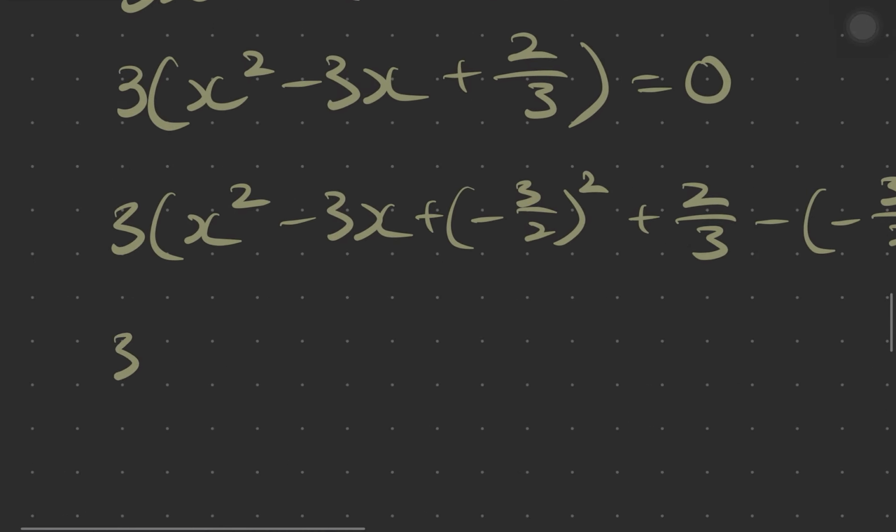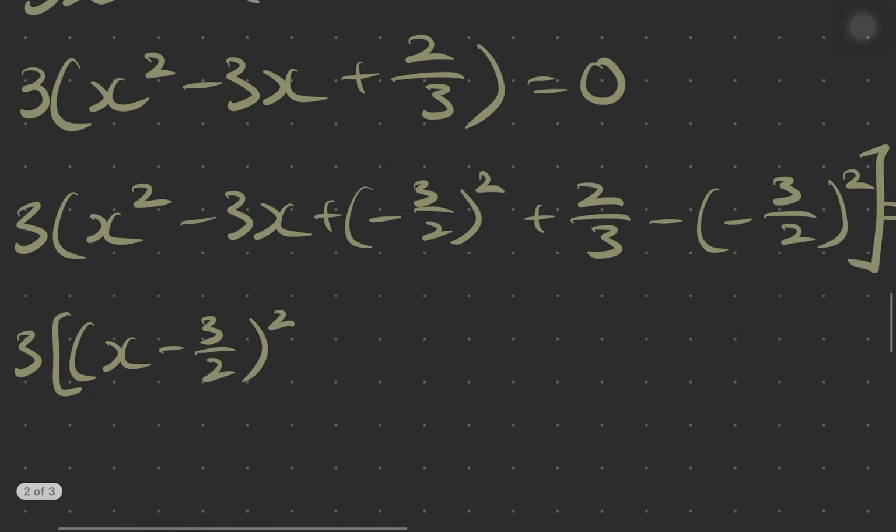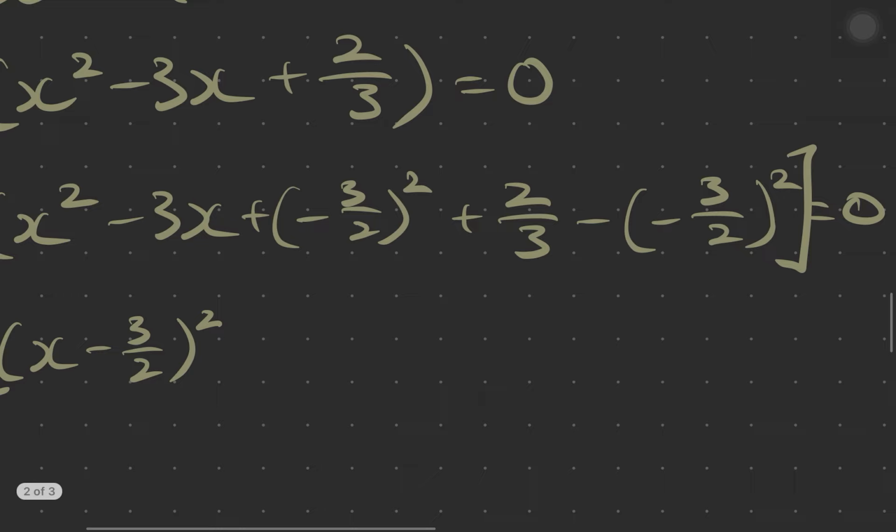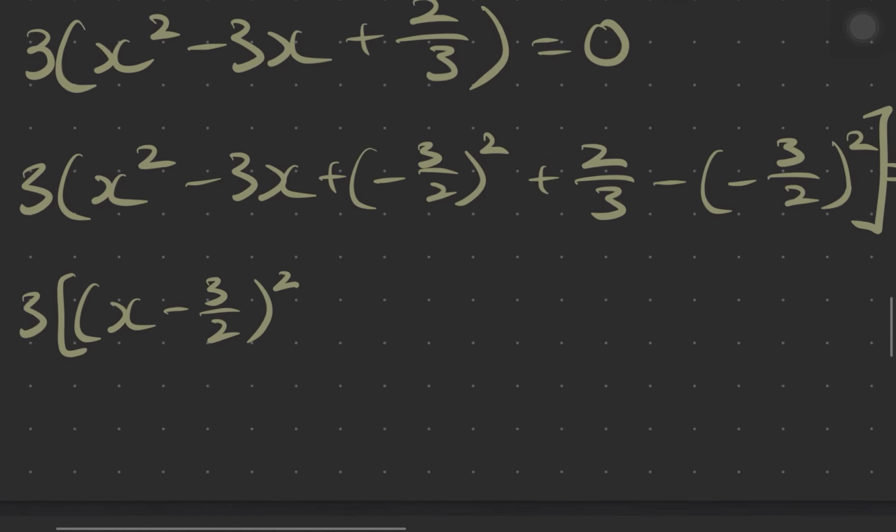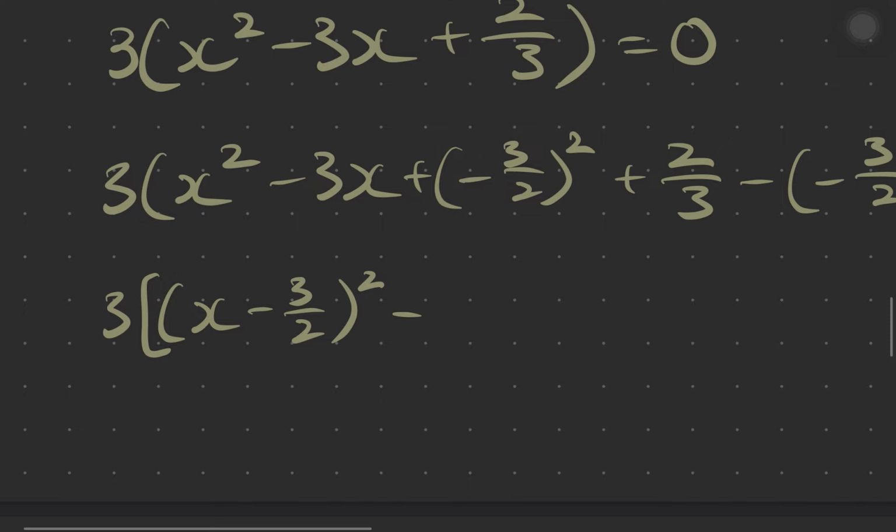So after we've done this, we can now write this in the form I want it to be, which is (x minus 3 over 2) squared. And then we can add these two terms at the back together, which is something like negative 1.58, a lot of 3's behind, equal to 0.